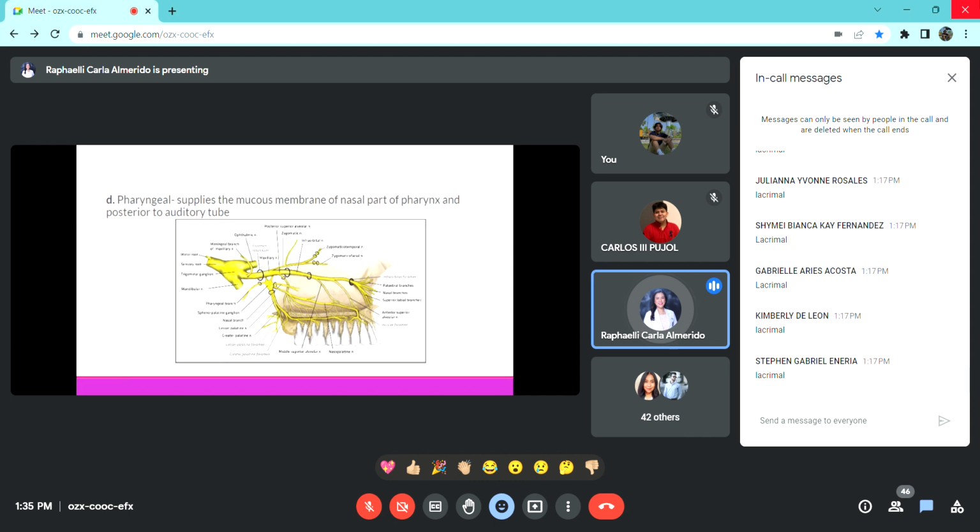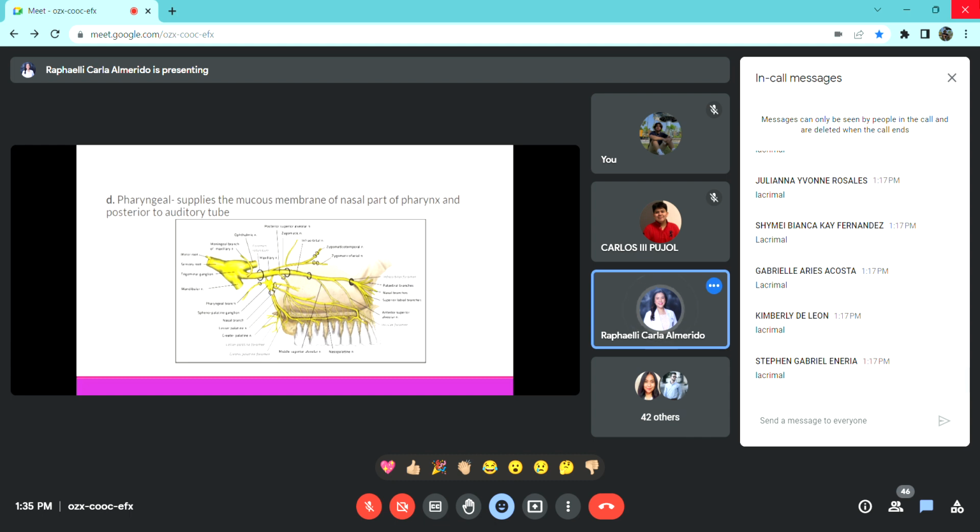So it supplies the mucous membrane of the nasal part of pharynx and posterior to auditory tube. So pag tinignan nyo siya on this diagram, this is your pharyngeal branch, yung palikod from the sphenopalatine ganglion.